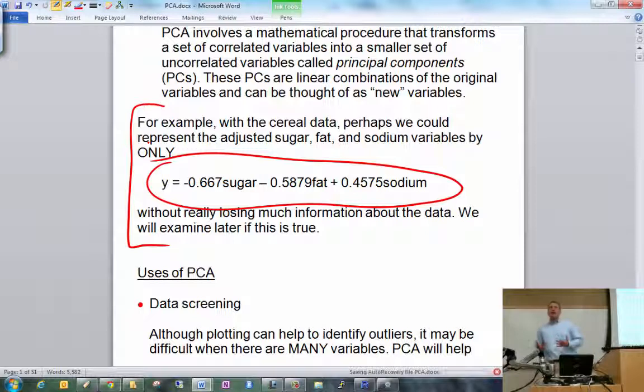What we need to do now is essentially apply this equation in terms of the cereal data to all 40 observations. So observation 1, plug in the sugar, fat, and sodium value, and you get the first principal component value for that particular observation. For observation 2, plug in the corresponding sugar, fat, and sodium value, you get then the first principal component value for that observation.